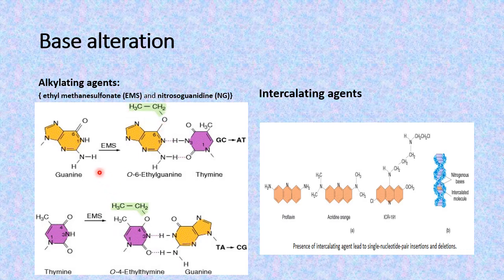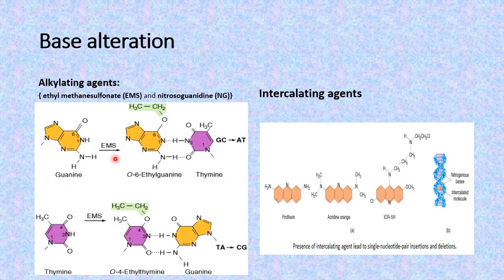It has been observed that the oxygen present on carbon number 6 of the purines, or the oxygen present at carbon number 4 of the pyrimidines, is more susceptible to alkylation.